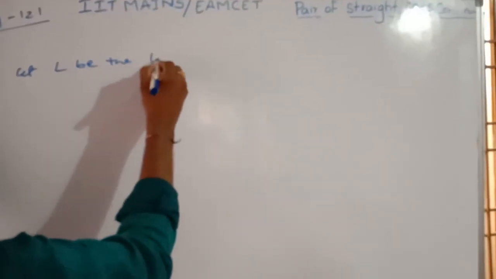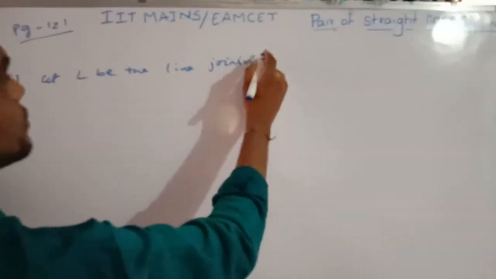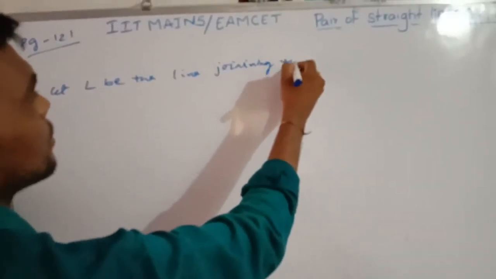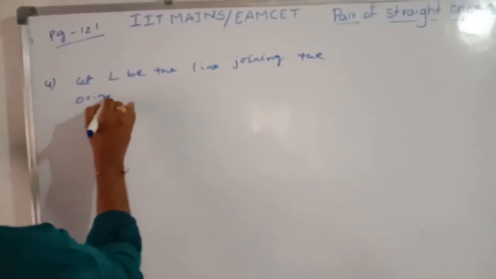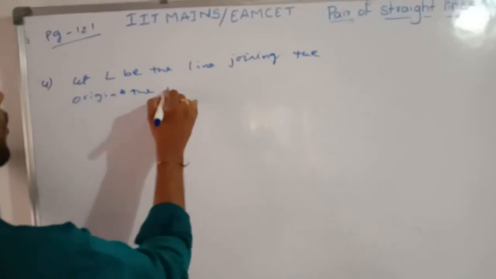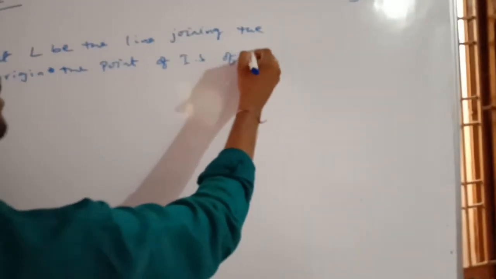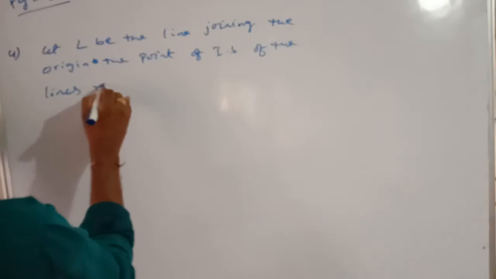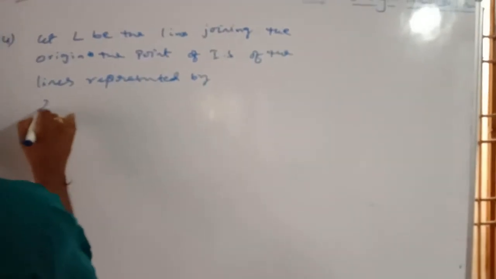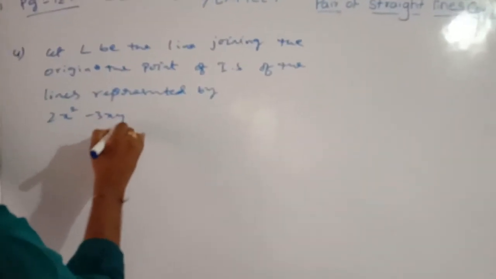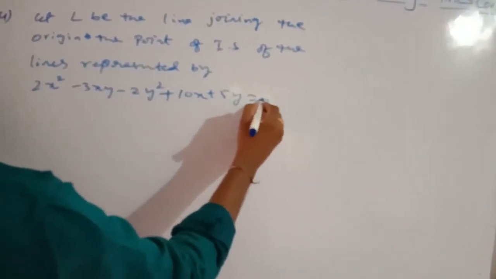Let L be the line joining the origin to the point of intersection of the lines represented by 2x square minus 3xy minus 2y square plus 10x plus 5y is equal to 0.